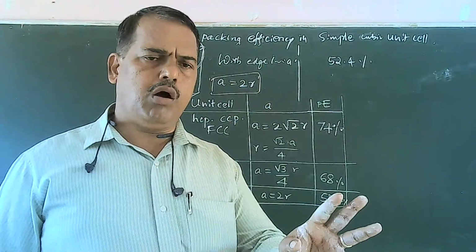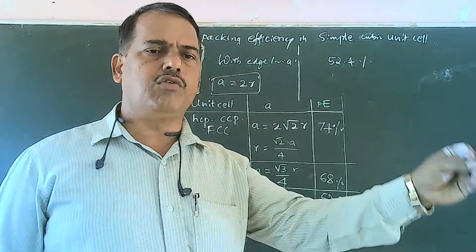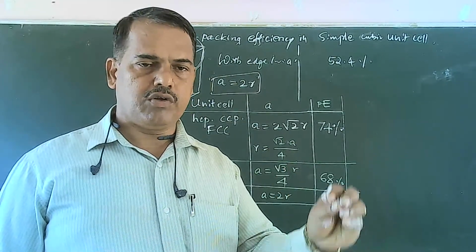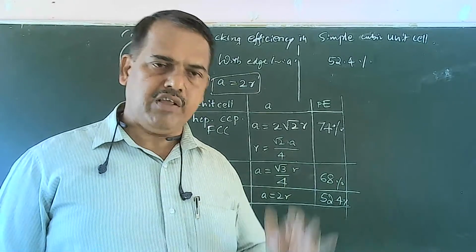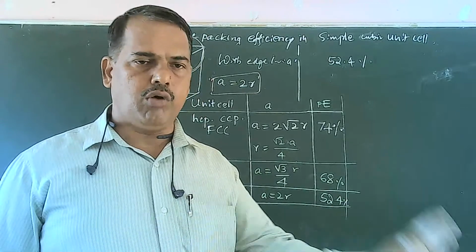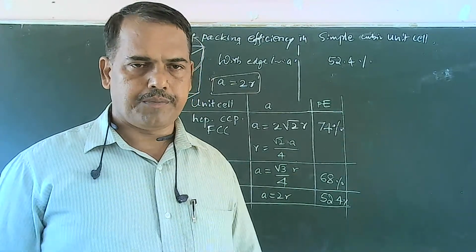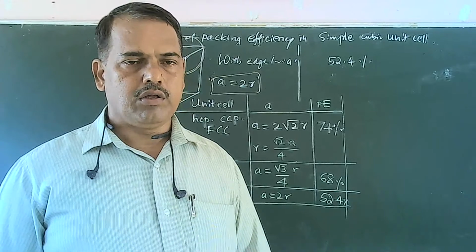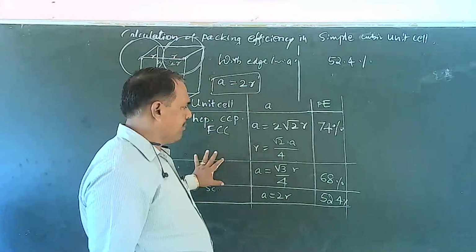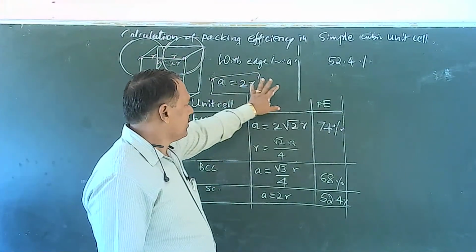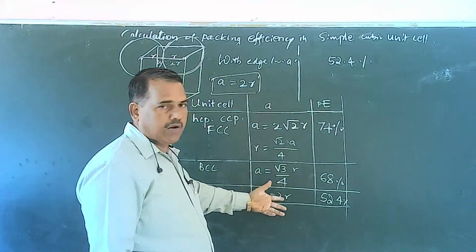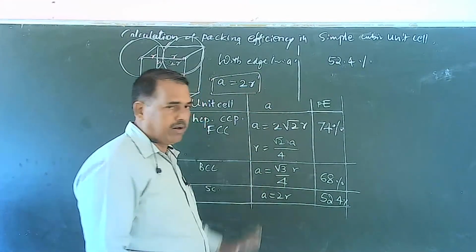It is nothing but the volume of the spheres in a particular unit cell: volume of 4 spheres in a unit cell, if it is FCC, divided by the total volume of the unit cell, into 100. Are you clear? Understood? So these are the types of unit cell. And if you know the edge length, you can easily calculate the R value also. This formula you have to remember.